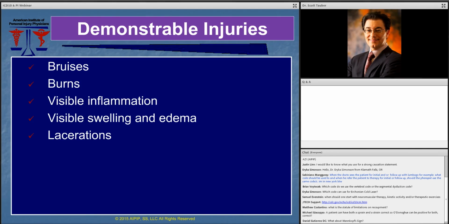Diagnostic imaging, we've got a lot of demonstrable injuries here. Also, we can document some of our diagnoses off of this as well. Our disc issues, ligamentous laxity on digital motion, torn rotator cuff, SLAP lesions on MRA, MRI, disc issues.